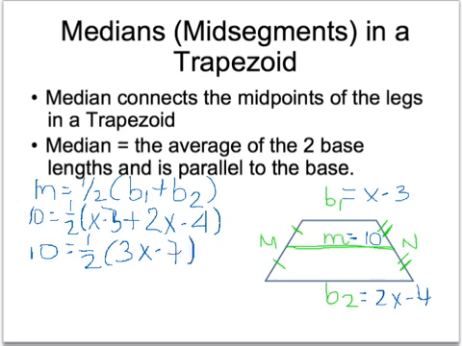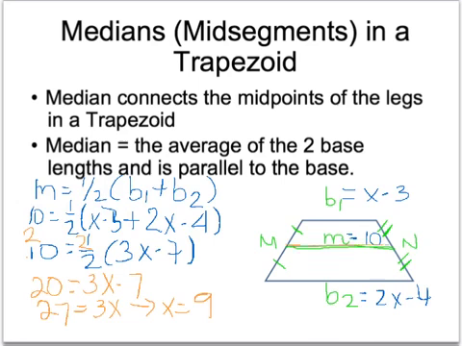Now I did this on purpose. Notice we sometimes would distribute that too, but because everything inside the parentheses is odd, I think a better way to go would be to multiply both sides by 2. So I'm going to multiply this side by 2 and multiply the 10 by 2 so that we end up with 20 equals 3x minus 7. So you have 27 equals 3x, and from there we know that gives us x equals 9. Okay? So you're basically taking the average.